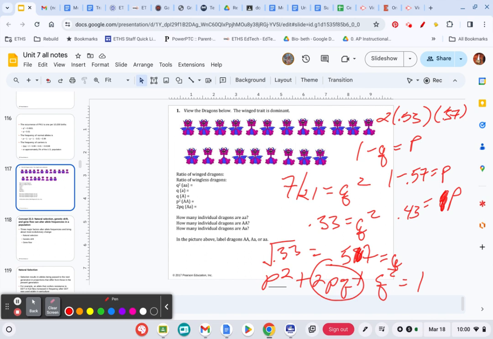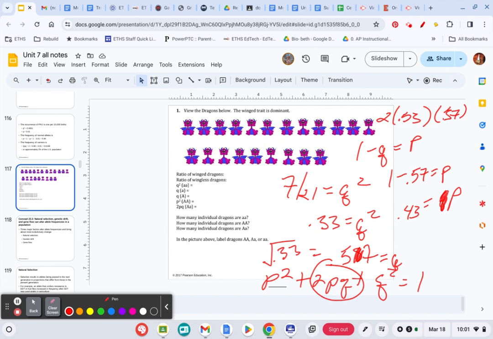Questions? This one tells us how many are heterozygous because I took 2 times p times q, and that is the part of the equation that tells us heterozygous. Or I could take p squared, so take 0.43 and square that, and that would give us the number of dragons that are homozygous dominant.